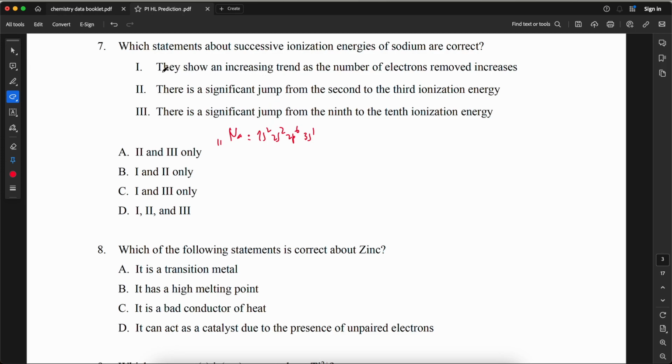So now let's check. The first option, they show an increasing trend as the number of electrons removed increases. Correct, right? There is a significant jump from the second to the third ionization energy. No, from the first to second ionization energy. There is a significant jump from the 9th to the 10th ionization energy. Correct. So the answer is C.